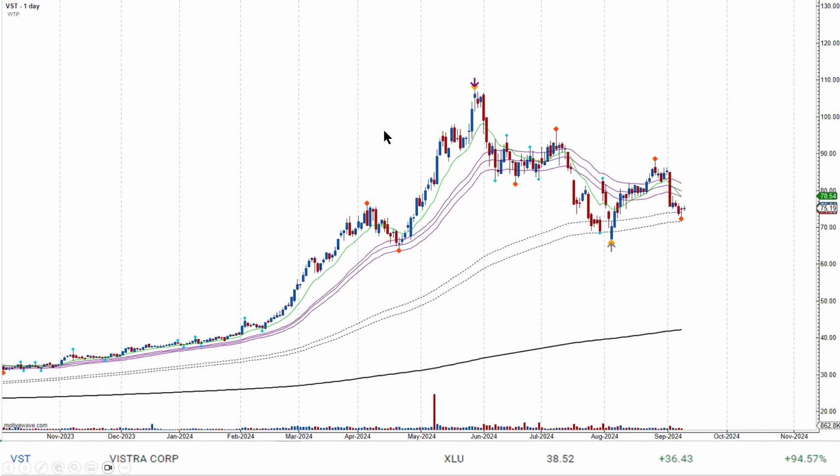Vistra, okay, VST, you can see the symbol down here, part of XLU, up 94.57% year to date. So same pattern. The wave separates from the tunnel. You have a purple arrow down here, and then you have a gray arrow down here. Okay. And this is where our scanners said buy down here. And then we moved up, we stopped, and we came down again. So for me, it's really easy to see, to be buying down here.